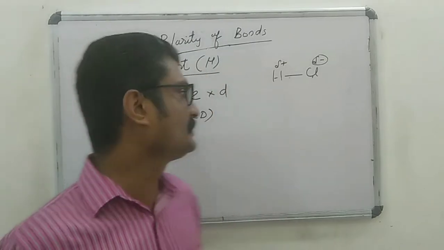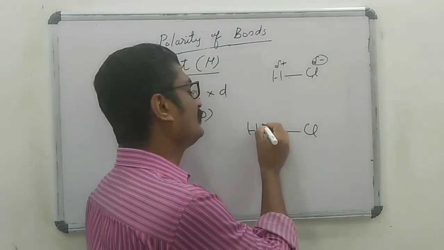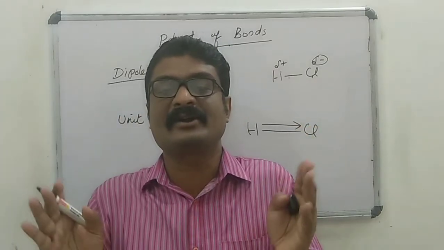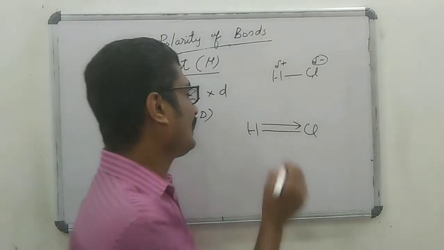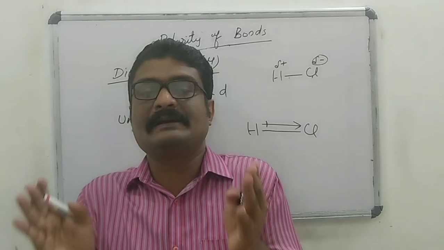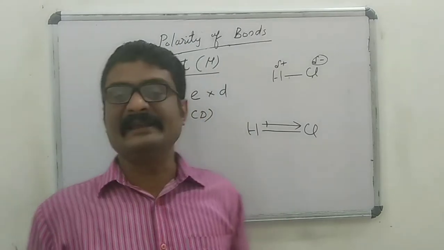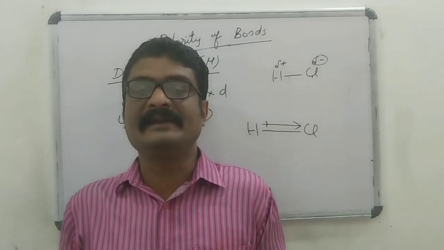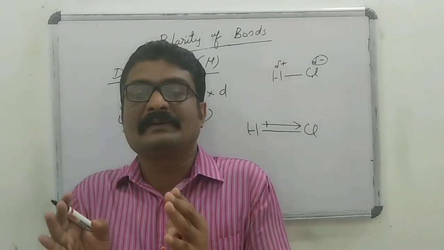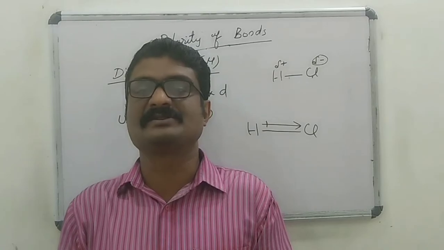Dipole moment is indicated by an arrow having a plus sign on the tail, and the arrow must be pointing towards the negative end.